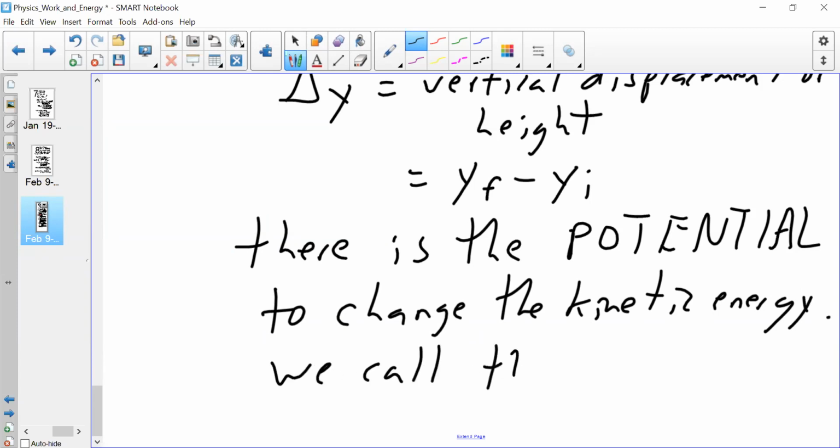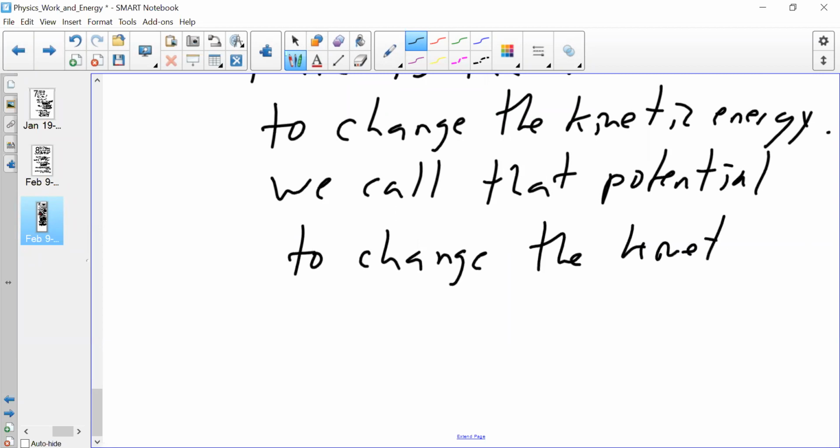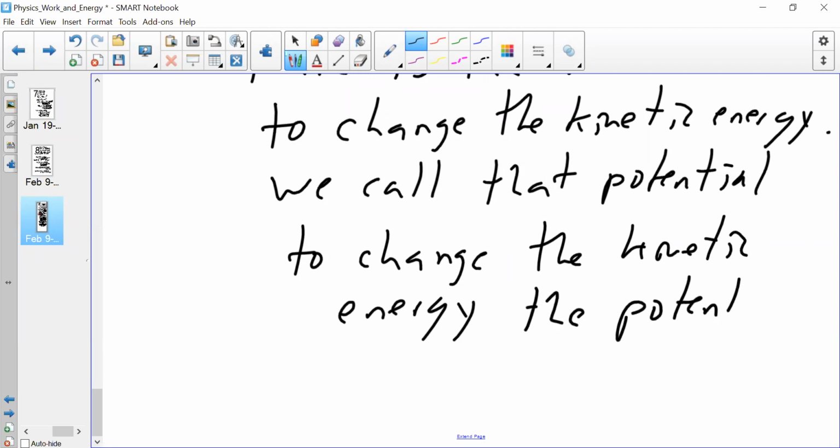We call that potential to change the kinetic energy the potential energy.